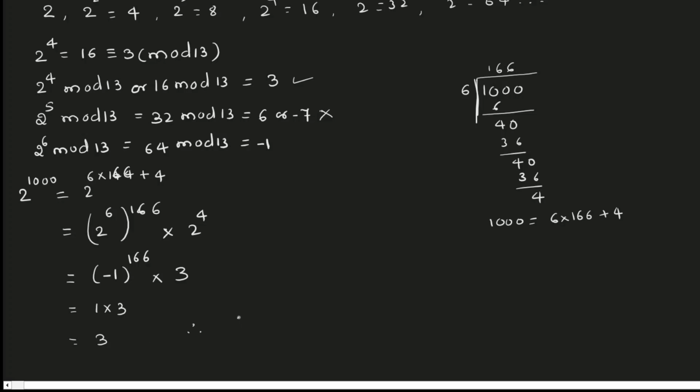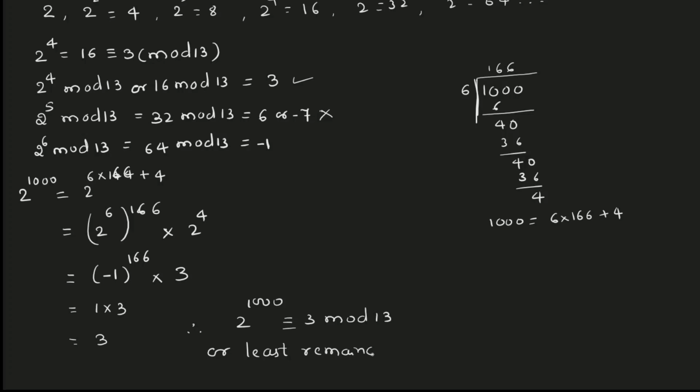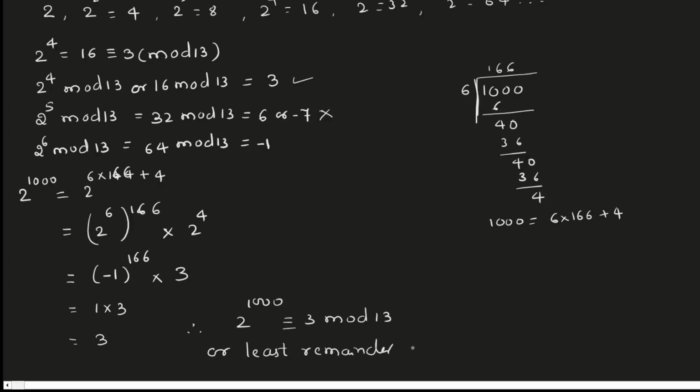Therefore 2 raised to 1000 is congruent to 3 mod 13. Or you may say the least remainder, and since they have asked for positive, it is 3.